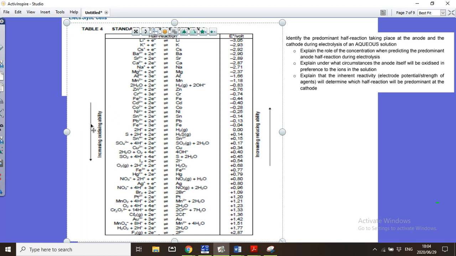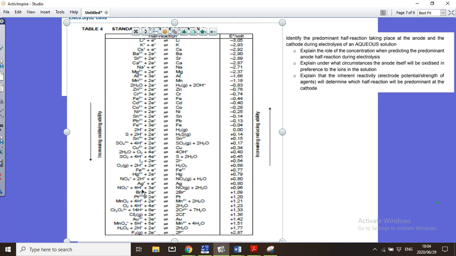But then if you look at the oxidizing ability, the strongest oxidizing agent will still be copper, and therefore copper will be plated. So the sentence that I said, you're going to say that copper is the strongest oxidizing agent and therefore would rather be reduced to form copper metal than all these other ions. Okay, so please remember that.